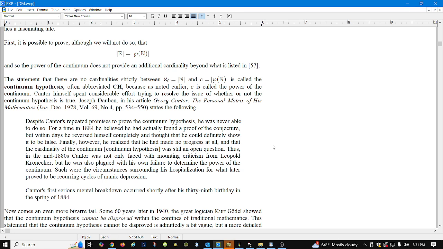Such were the circumstances surrounding his hospitalization for what later proved to be recurring cycles of manic depression. Cantor's first serious mental breakdown occurred shortly after his 39th birthday in the spring of 1884.